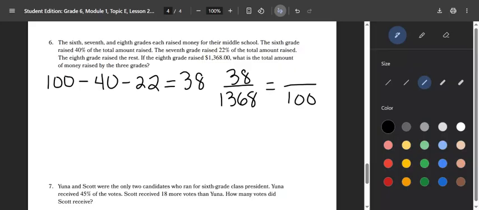That's 100% of what the 8th graders raised. That's why it's across from 100%, but it's actually only 38%. Oh, I am messing this one up. Hold on.